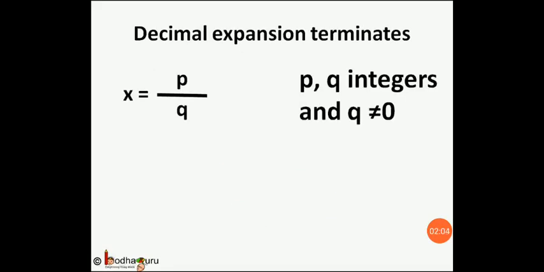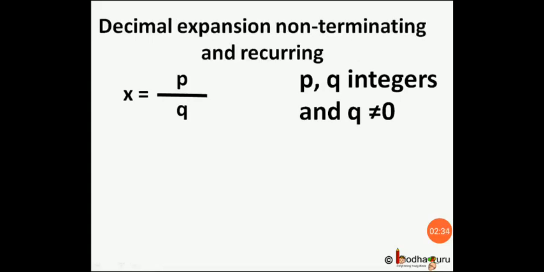There is a theorem which says that if x is a rational number having the form p by q, where p and q are integers, q is not equal to 0, and q is of the form 2 to the power n into 5 to the power m, then the decimal expansion of x terminates. The converse is also true, which means if the decimal expansion terminates, then the denominator is of the form 2 to the power n into 5 to the power m.